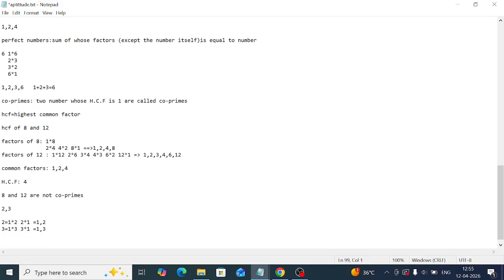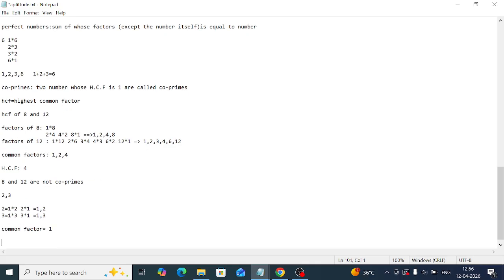What are the common factors here? In both values 2 and 3, 1 is there, 1 is there, 2 is there, 3 is there. These are different values. 1 and 1 are common values, so that is the common factor. Next, the highest common factor is 1. In that common value, what is the highest value? Only 1 is there.